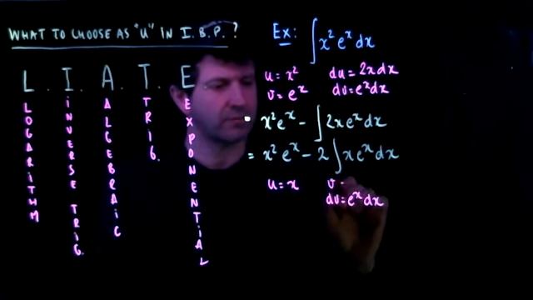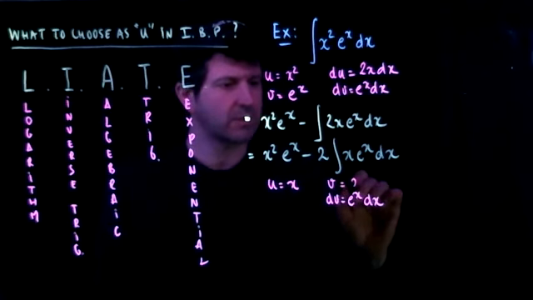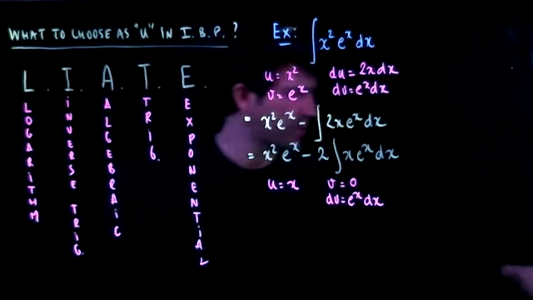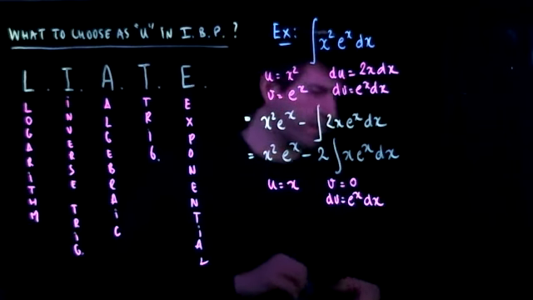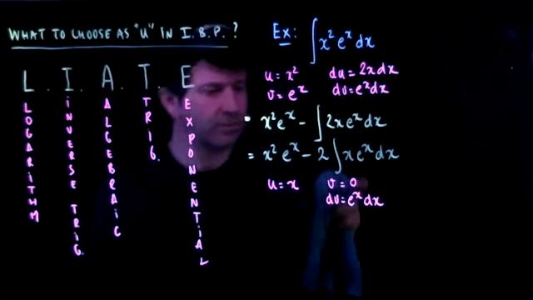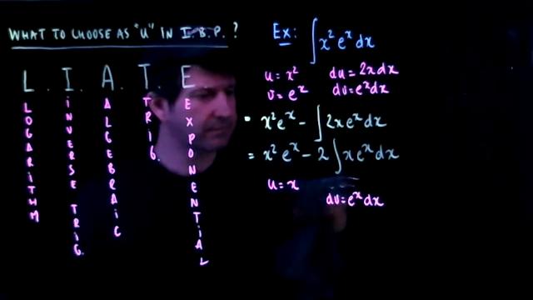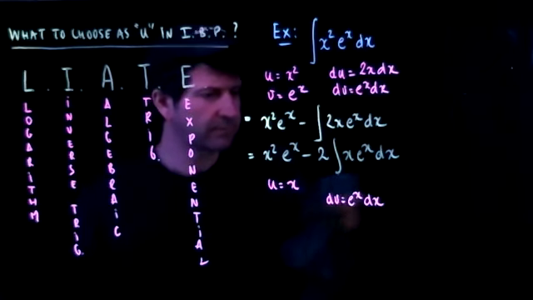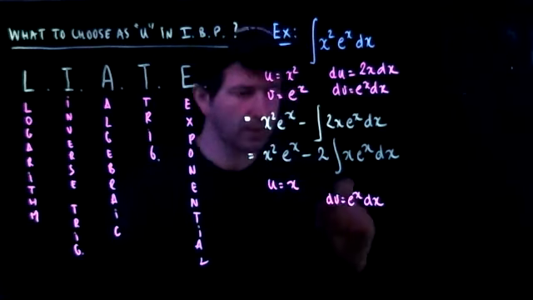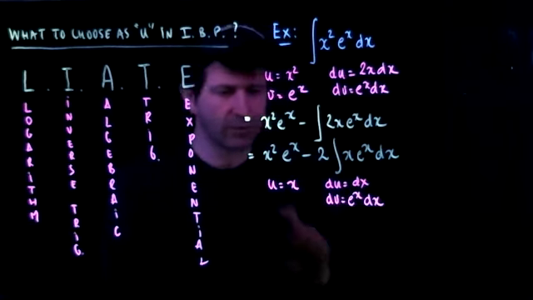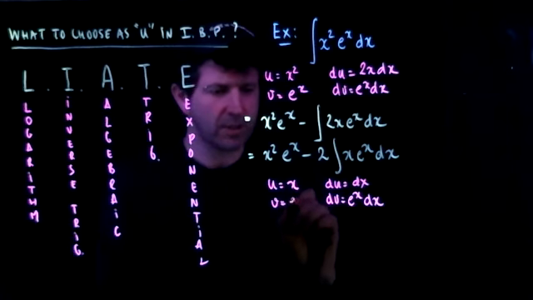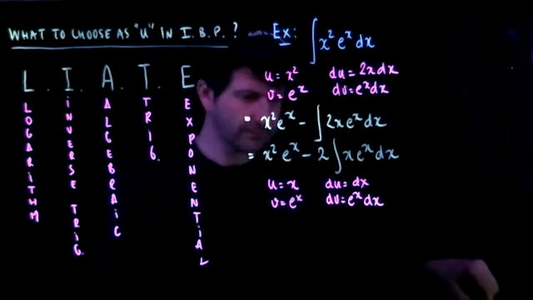So du is just dx, and from dv I can find v, which is e to the x.